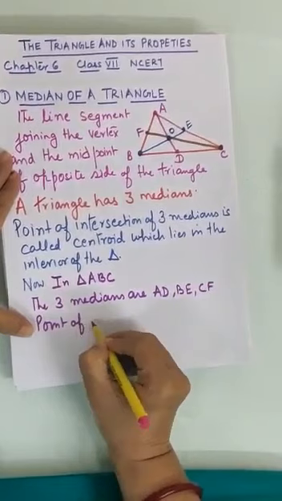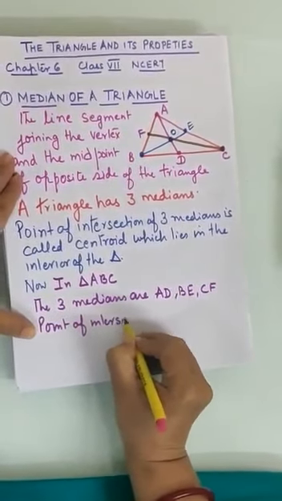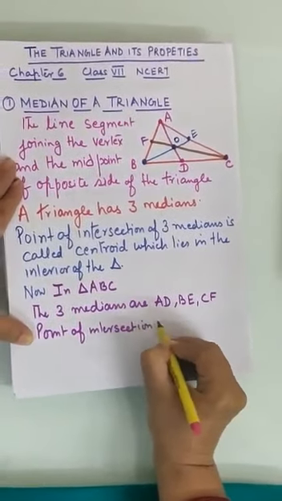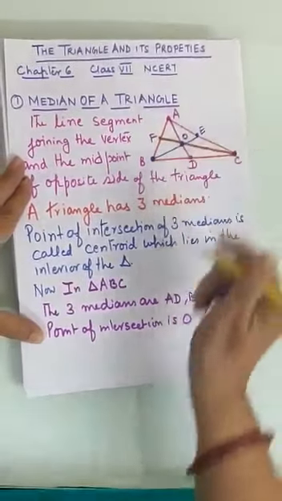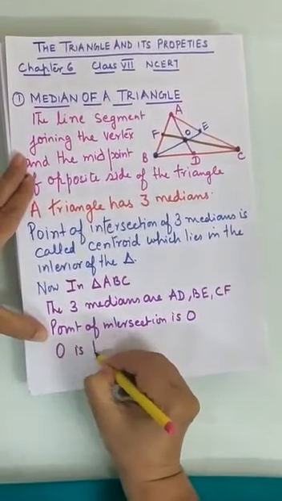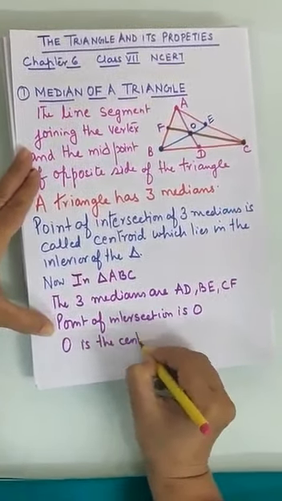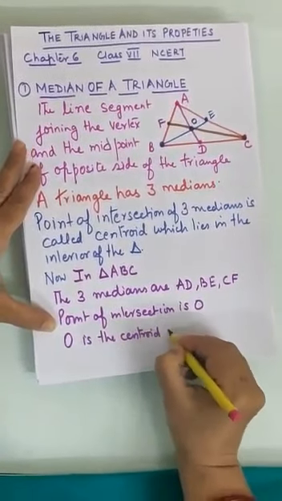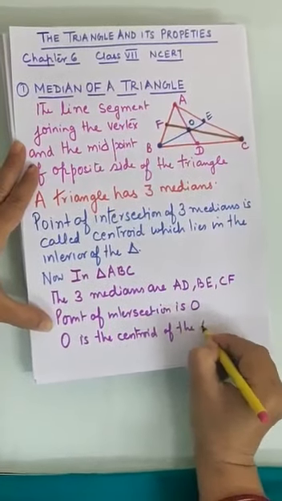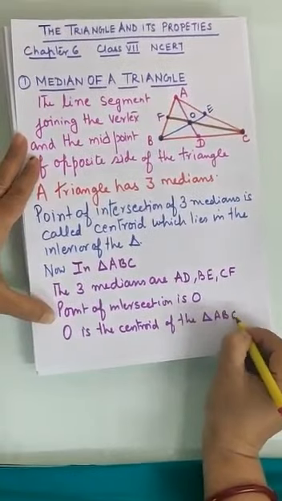Point of intersection is O. O is the centroid of the triangle ABC.